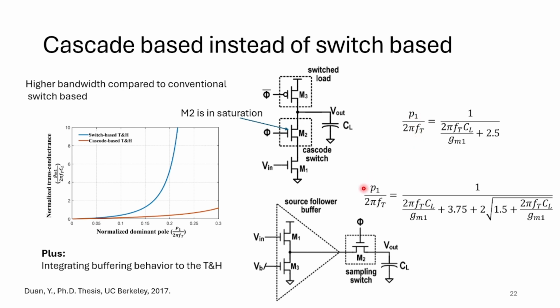P1 is closer compared to this configuration. Here they also show in this thesis very correctly that if you want a higher-frequency pole in this circuit, which is a conventional source follower, you should increase the power consumption.